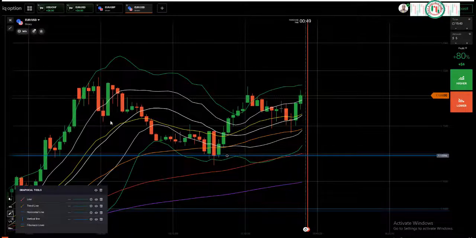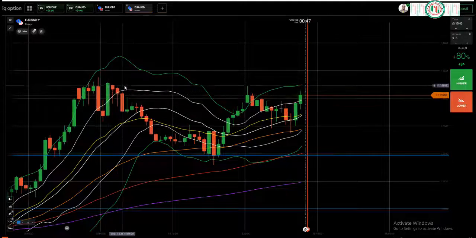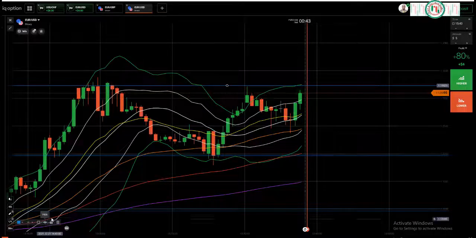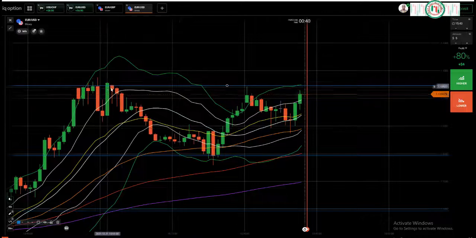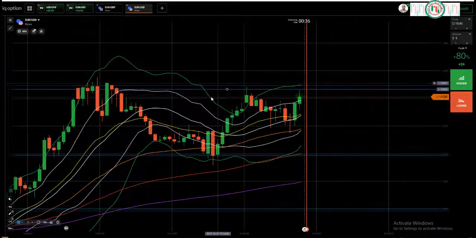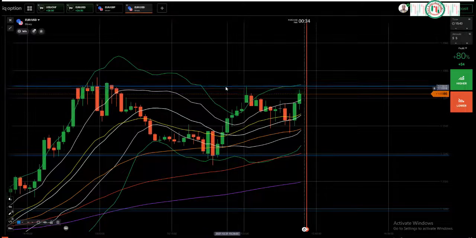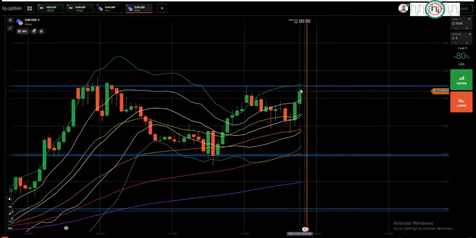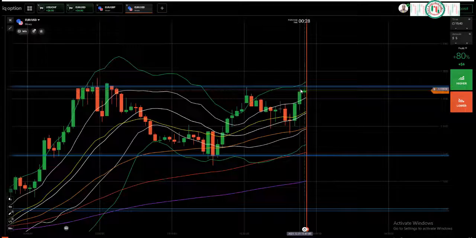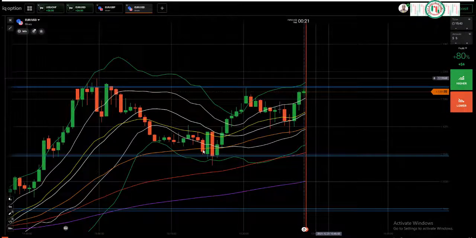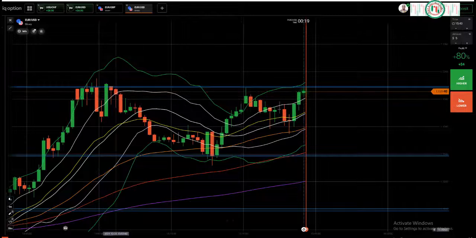But the trend is an uptrend, but still here sellers will enter from this level. Yes, I know definitely sellers must enter from this level. And you see, the overall trend is up, higher high, higher low.